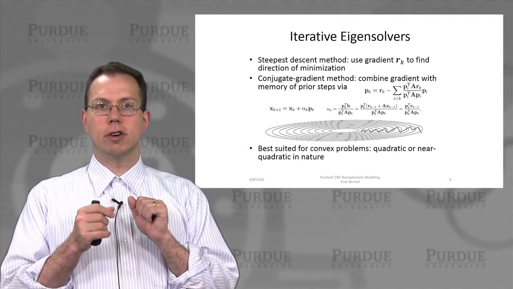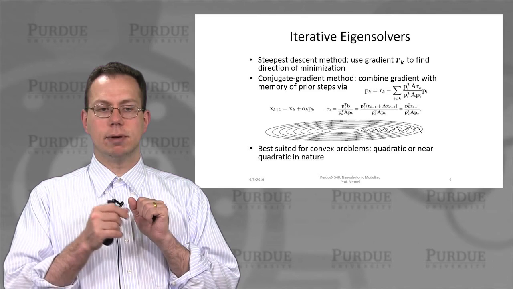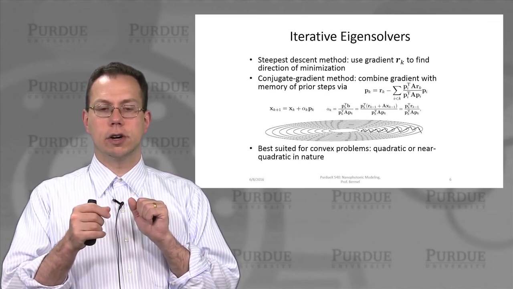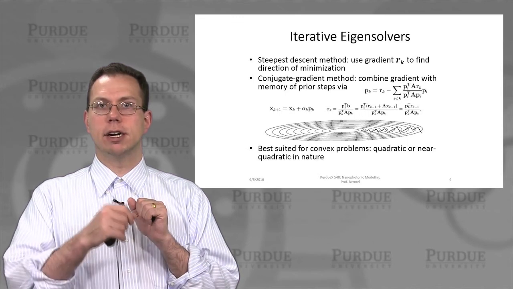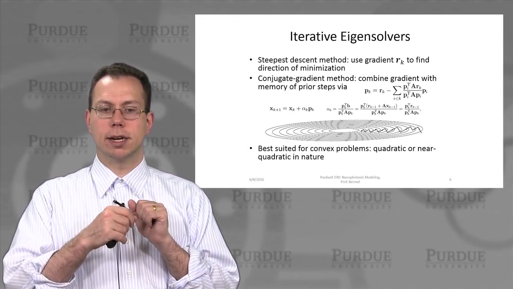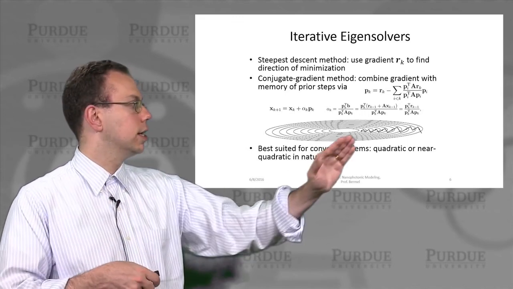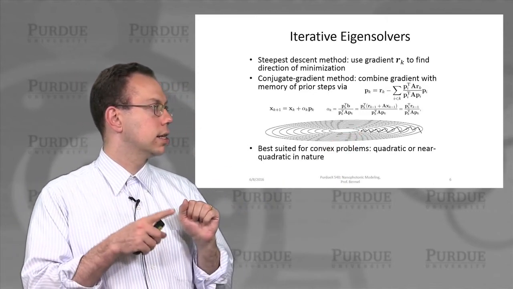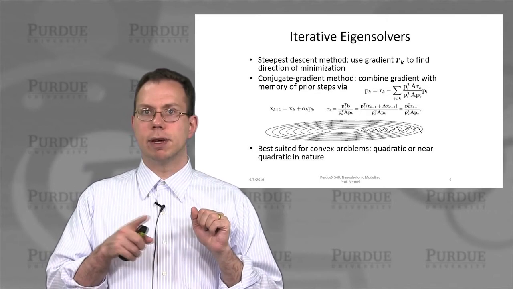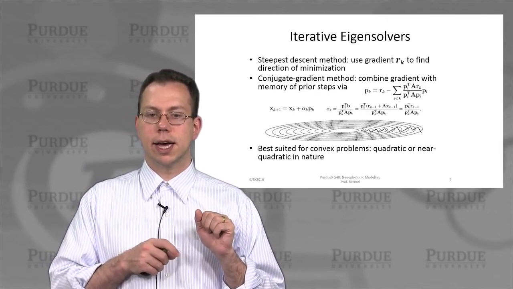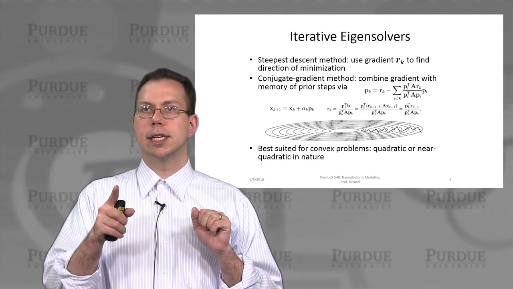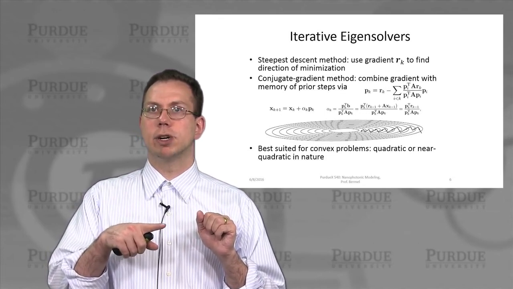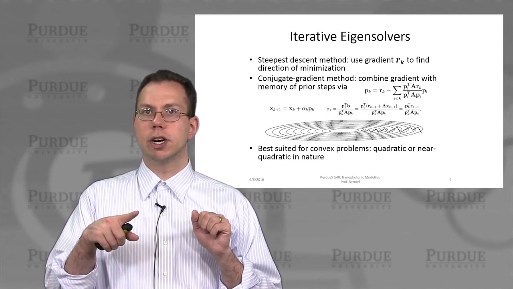But the conjugate gradient method is related, and a little more sophisticated, because you would not only use the current gradient, but you'd also remember the prior steps that you took in climbing up that hill. That's illustrated here. You can see that it allows you to take just a finite number of steps, but very quickly ascend that hill, because in this case, unlike the real hiker, you have the ability to take either very small or very large steps.